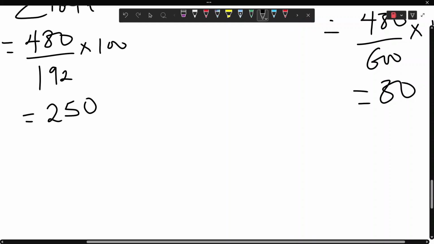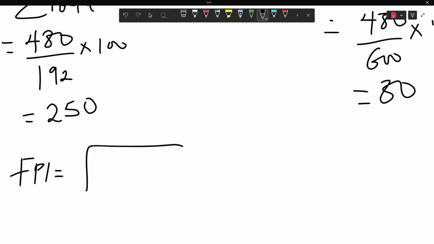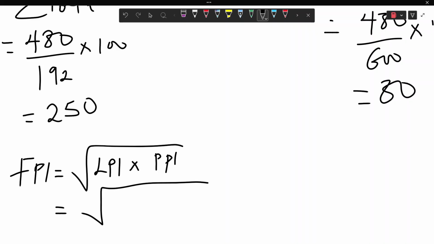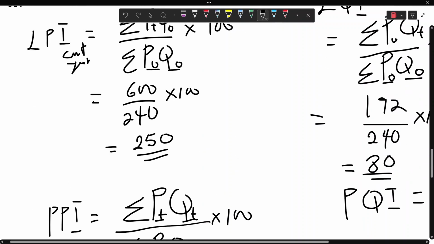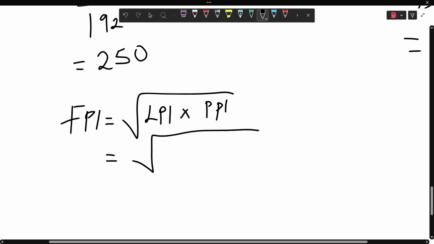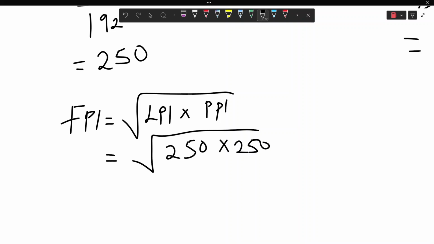Good. So now you can go ahead to find the Fisher price index, which is given by the geometric mean of the Laspeyres price index times the Paasche price index. For the Laspeyres price index we had 250, and for Paasche we also had 250. So the answer will be 250. This gives us 250 for Fisher's price index.